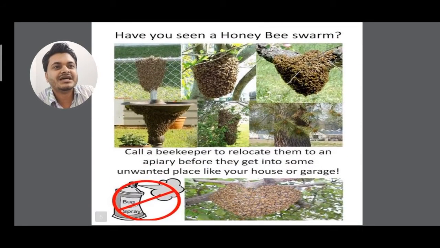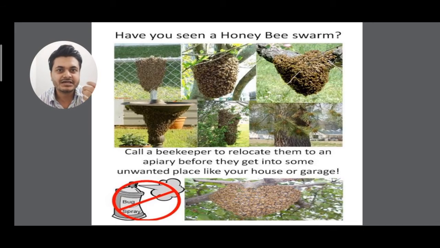See, have you seen a honeybee swarm? See, these are the honeybees. It can be grown anywhere. And you'll be surprised that bees have different types, like queens, workers, and drones.